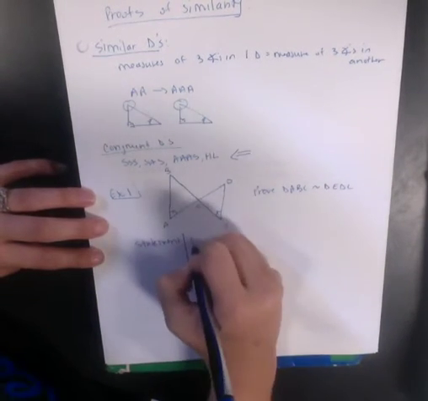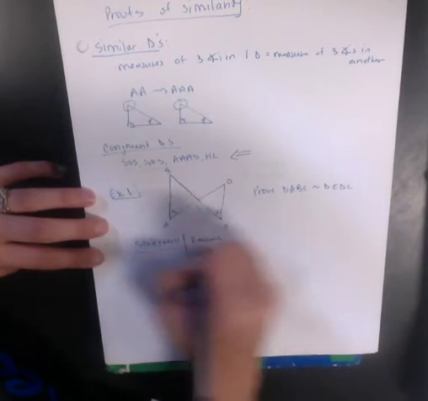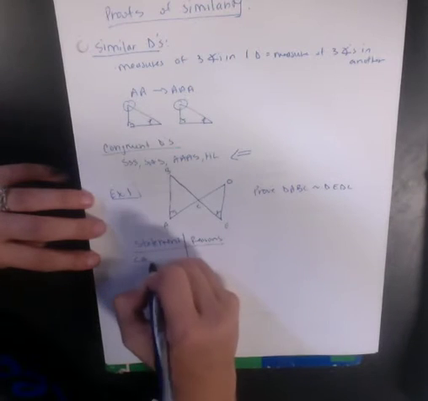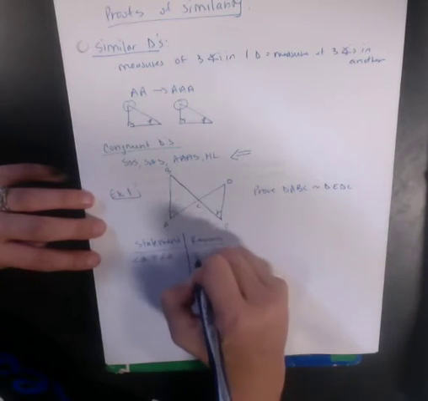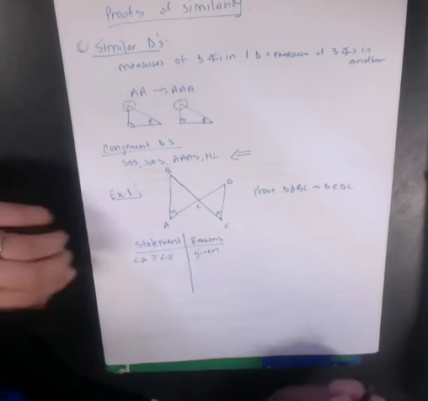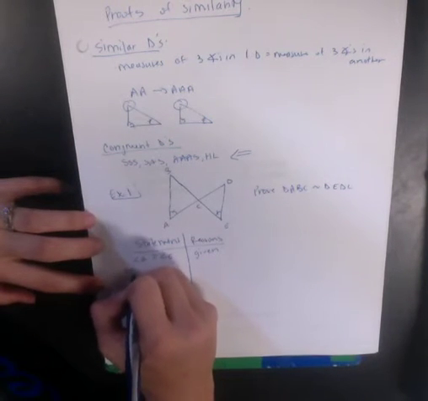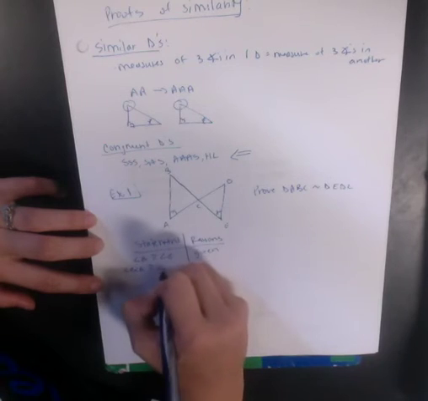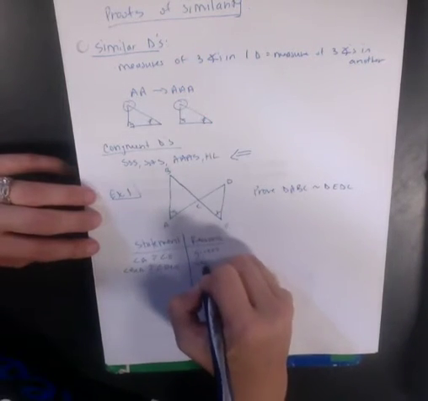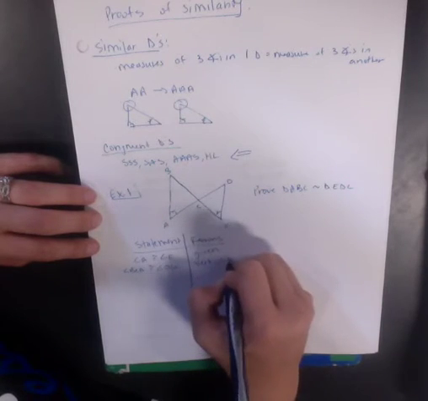So I have my statement and my reasons. Okay, my first statement is that angle A is congruent to angle E, given. Then I'm going to say angle BCA is congruent to angle DCE. We've done this a lot, so we should be pros. And I say vertical angles.